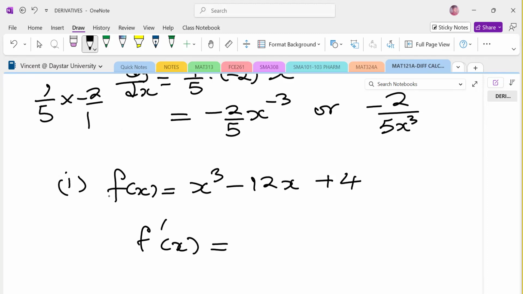I will give you. So 3x squared minus 5, because the derivative of the 4 is 0. Derivative of a constant, correct.